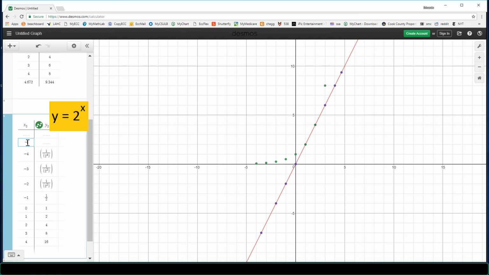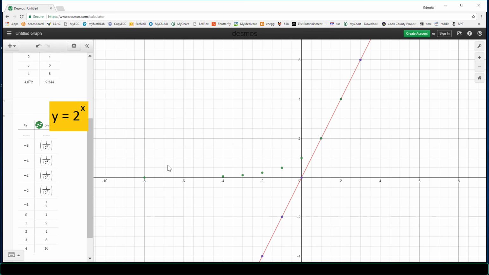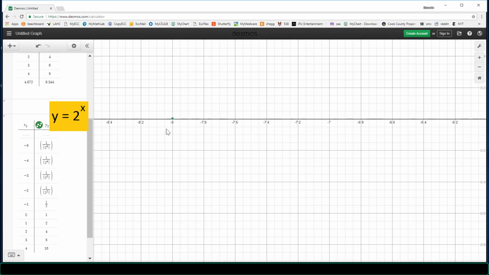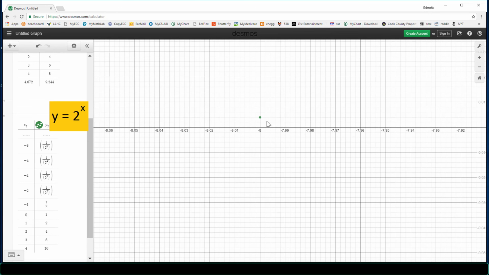How about negative 8? 1 over 2 to the power of positive 8. We get that one. It's so incredibly close to the x-axis that it looks like it's on the x-axis. But if we zoomed in, we'd see that it's not actually on the x-axis. There, we see that in fact it isn't really on the x-axis.